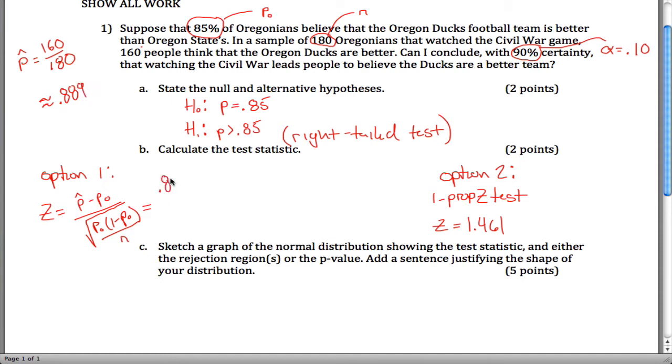So it would be 0.889 minus 0.85 divided by the square root of 0.85 times 1 minus 0.85, which is 0.15, divided by N, which is 180. And if you do all that, you get 1.461.